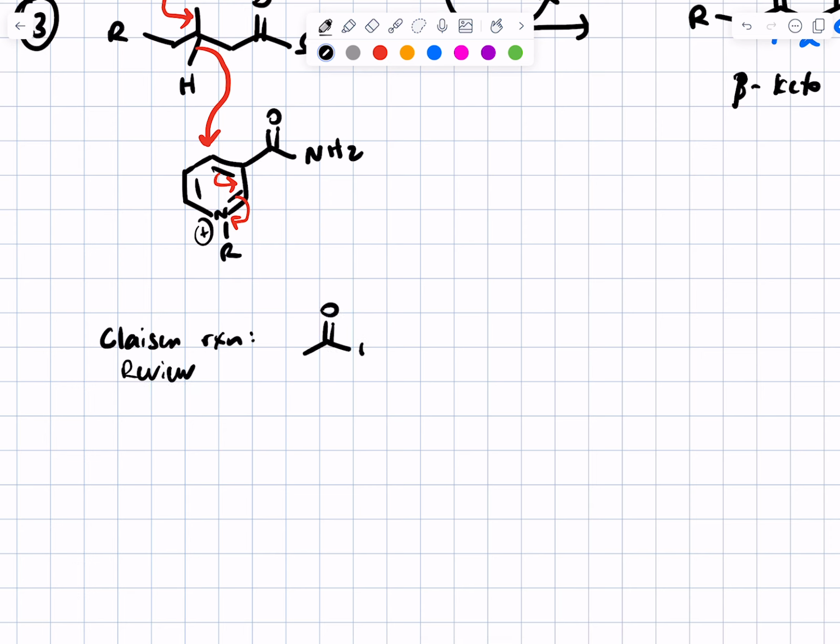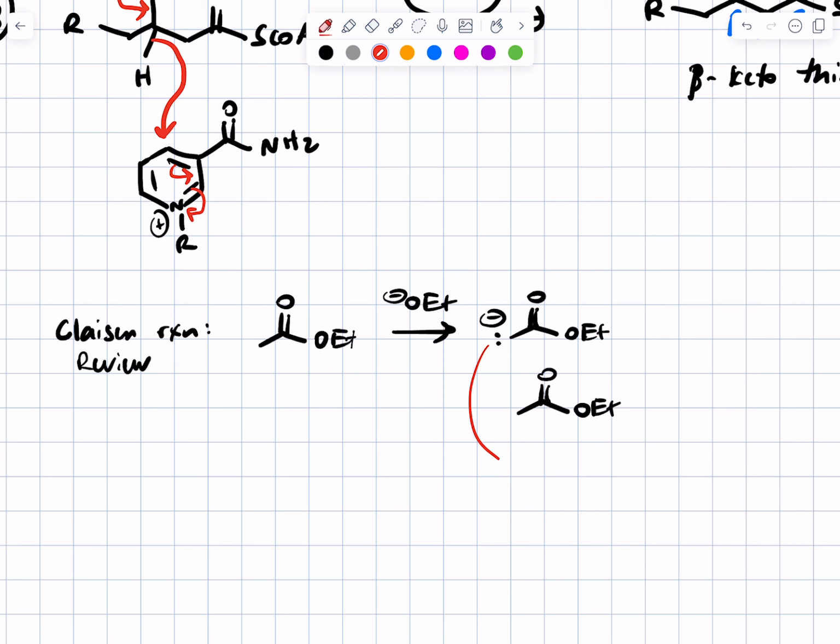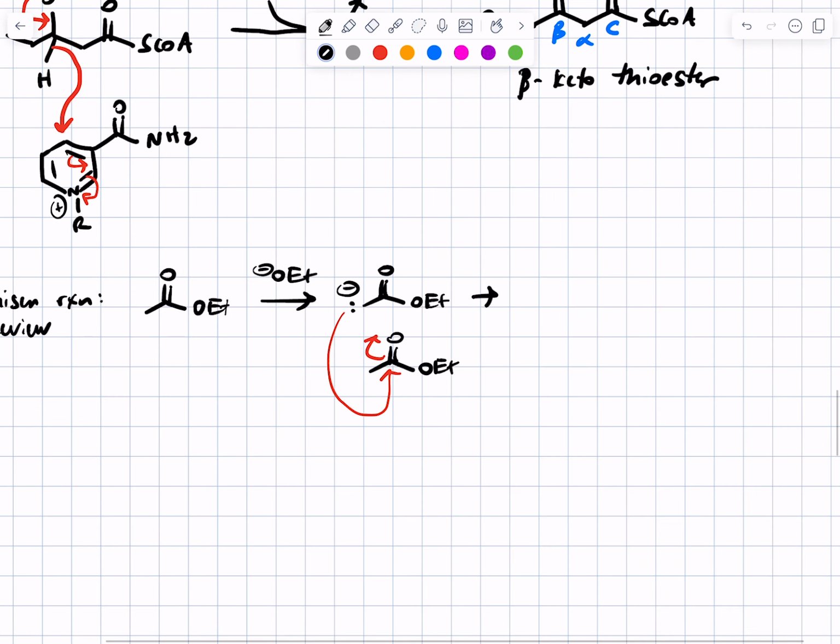So if we used this ester and we used ethoxide as a base, we could make a small percentage of the enolate. And then do you remember how that enolate could attack the carbonyl carbon of another ester to give you this tetrahedral intermediate?